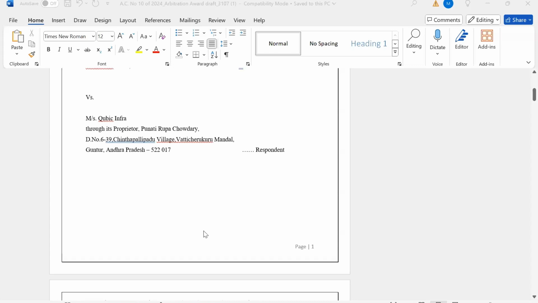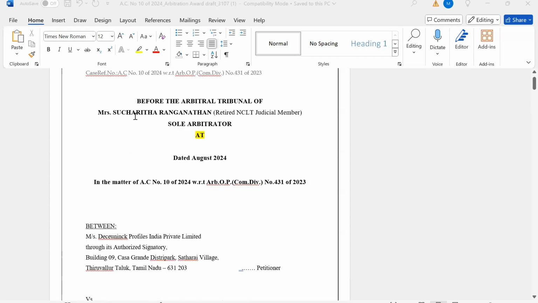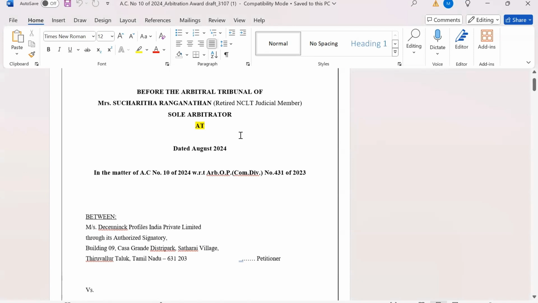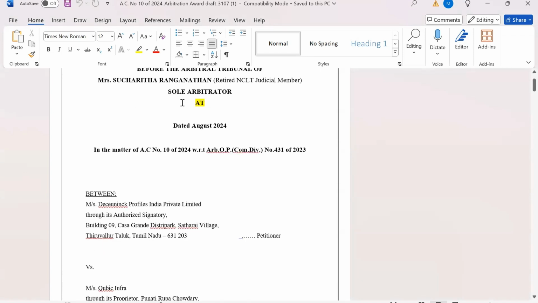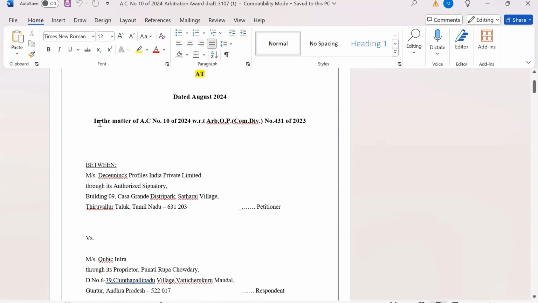So in this award, the name of the arbitrator and the case number are mentioned here. The party details, everything is listed here. The appointment of the arbitrator in this arbitration proceeding came through the court, that is, the Madras High Court. Hence, the Madras High Court order is referred to here. The arbitrator here is Mrs. Sucharita. Her name is mentioned, and the date of award is mentioned. The case number is also mentioned here.